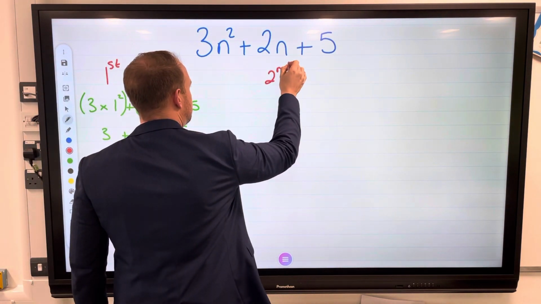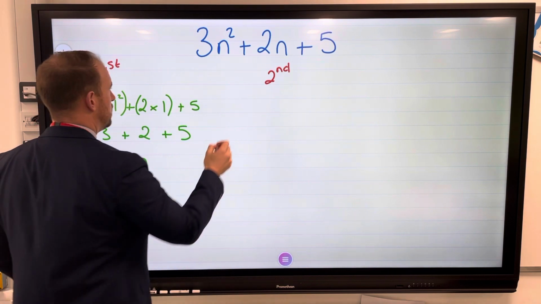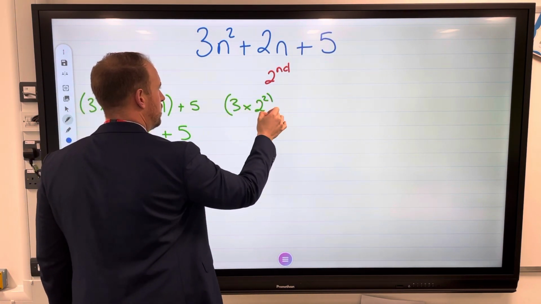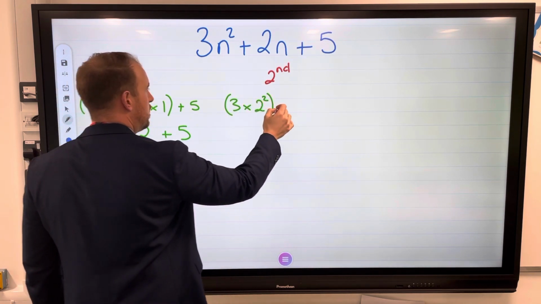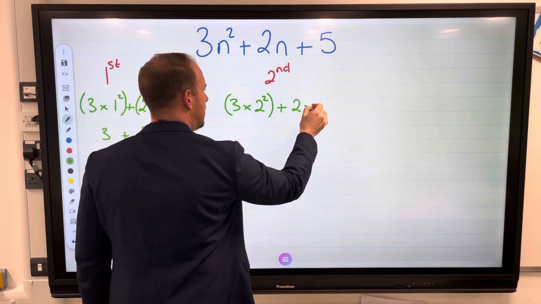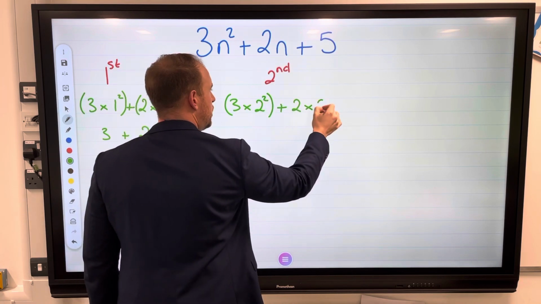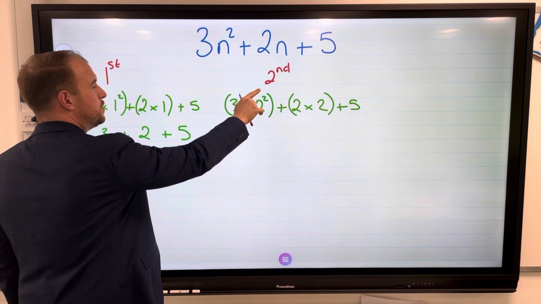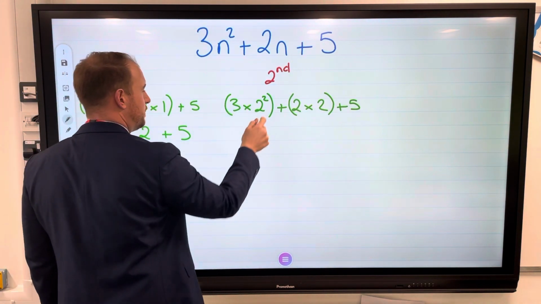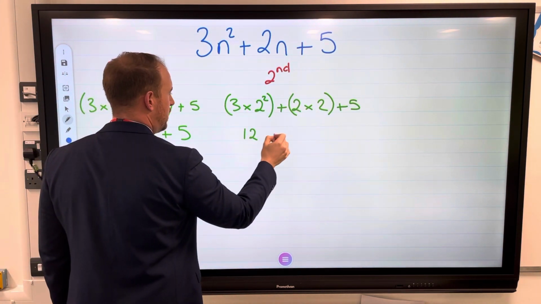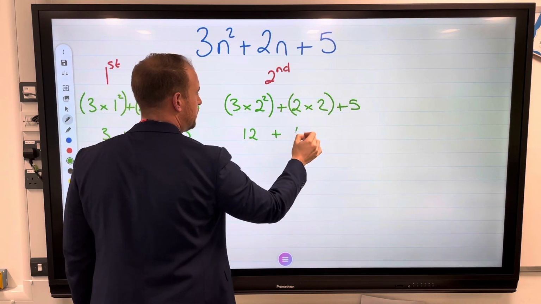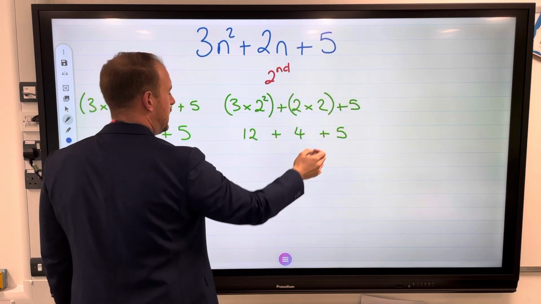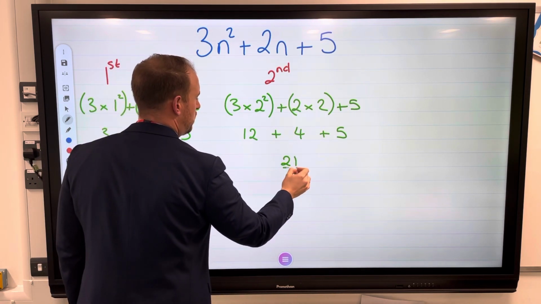Second term, 3 times 2 squared, because n is 2, plus 2 times 2, because n is 2, plus 5. 2 squared is 4, 3 times 4 is 12, and 2 times 2 is 4, plus 5. 12 add 4 is 16, add the 5 to make 21.